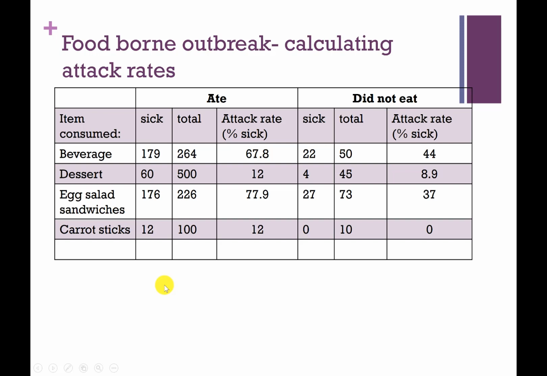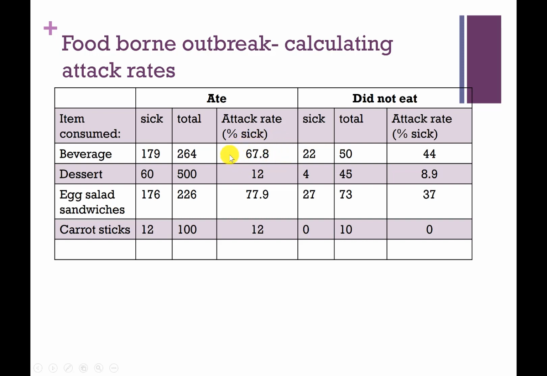By knowing what everybody ate, hopefully they were recalling the information correctly, because that is another thing. Recall is a huge issue. Remembering exactly how much you ate of what. Then you make this nice pretty table and calculate the attack rates to figure out what actually caused the outbreak.